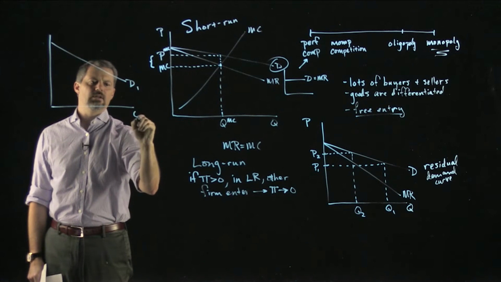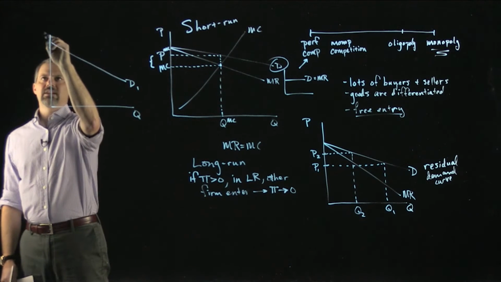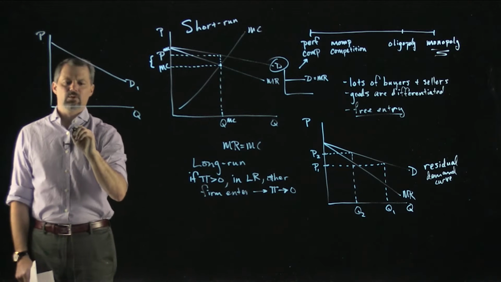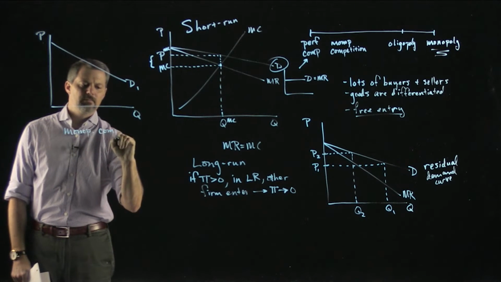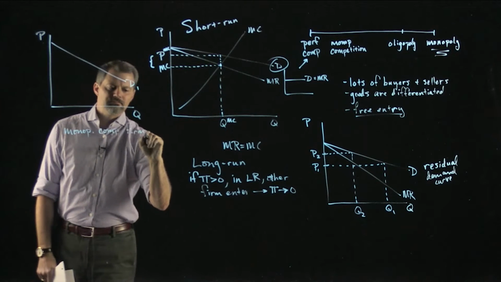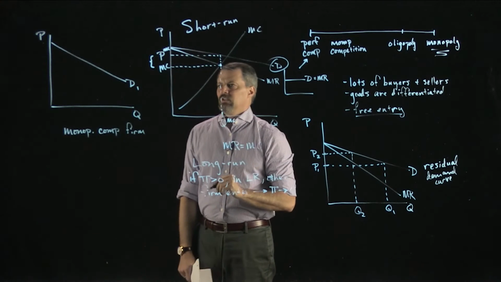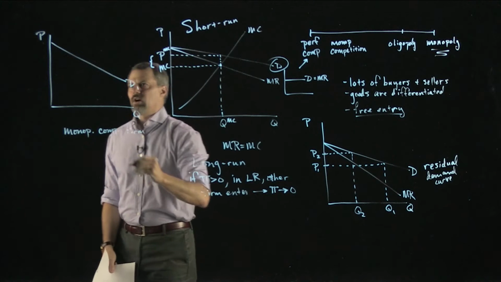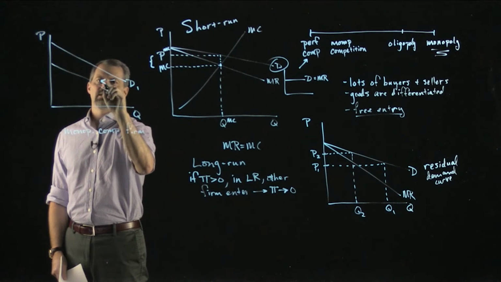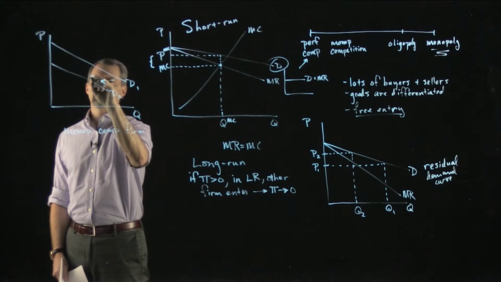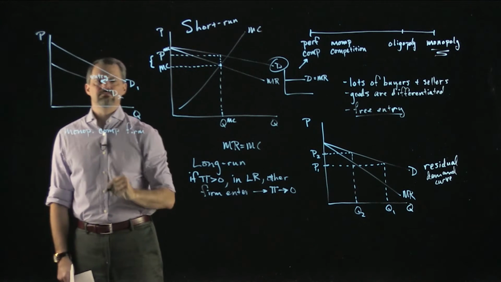We'll call it D1. Let's make sure we label this as a monopolistically competitive firm. If other firms enter the market, that will shift our residual demand curve to the left to say D2. There's the effect of entry into the market.